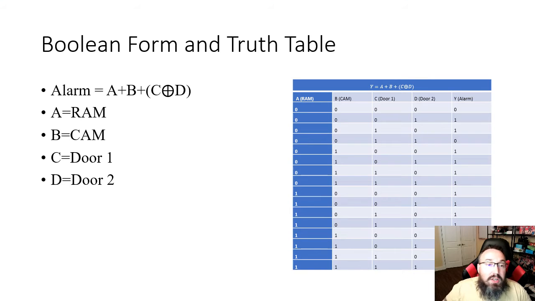From this, I generated an original equation that an alarm would occur if the RAM or CAM or one of the doors were closed, and that is illustrated by A or B or C exclusive ORed with D. From this, I generated a truth table and figured out all the minterms for the alarming conditions.